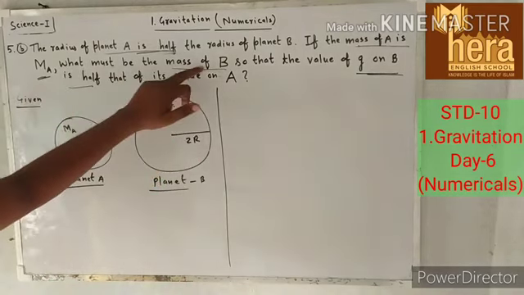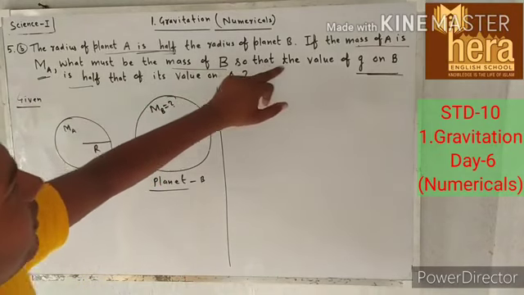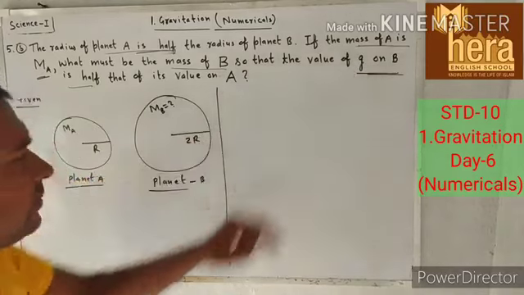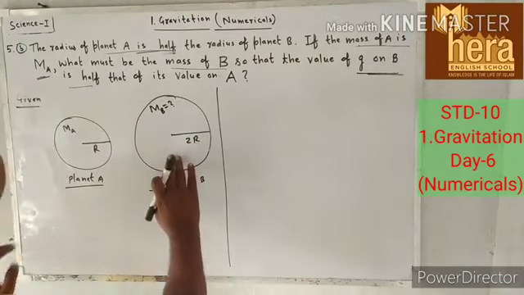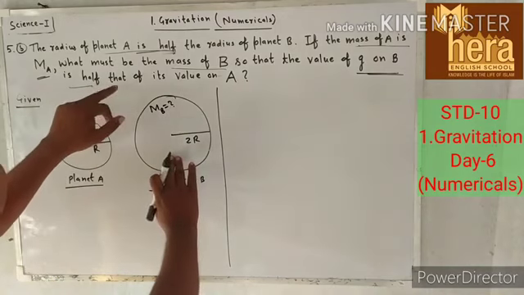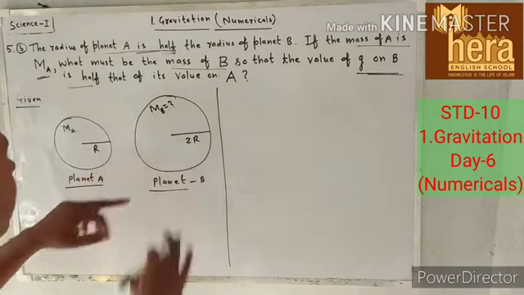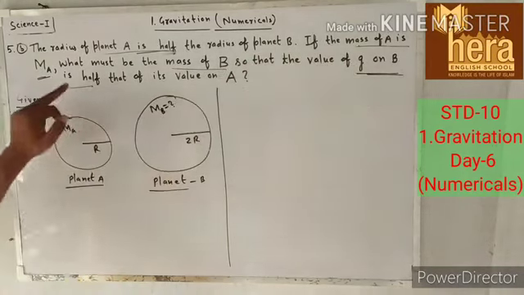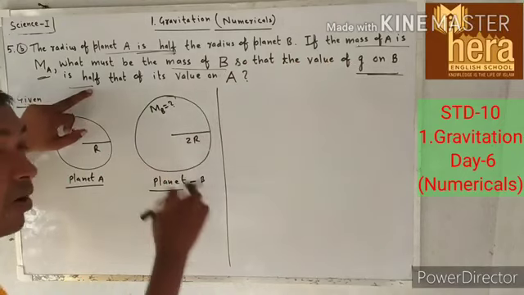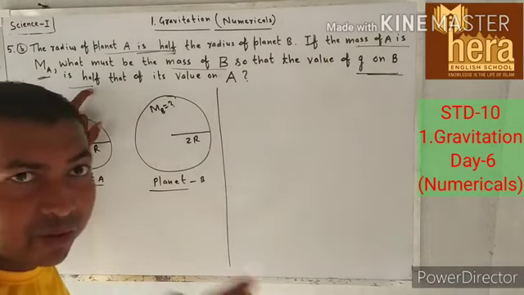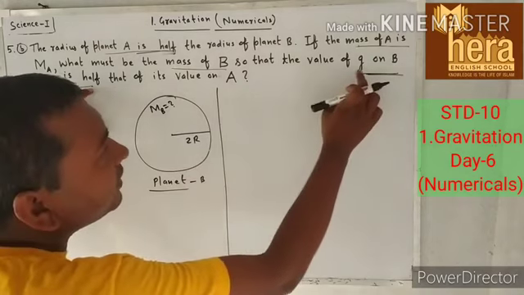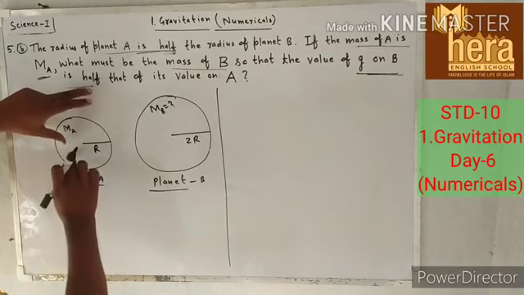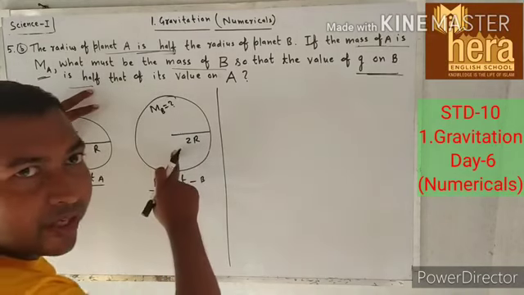What must be the mass of B, so that the value of g on B is half that of its value on A. Now in this case, see, the value of g on B is half. The value of g is what? Acceleration due to gravity. It means if there is 10g, here will be 5g.